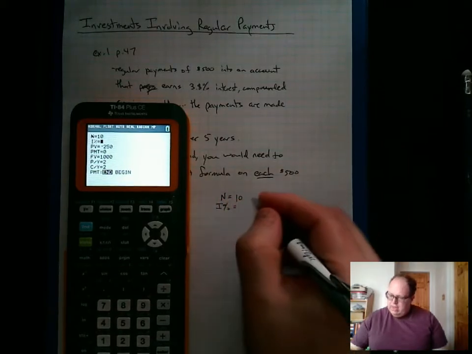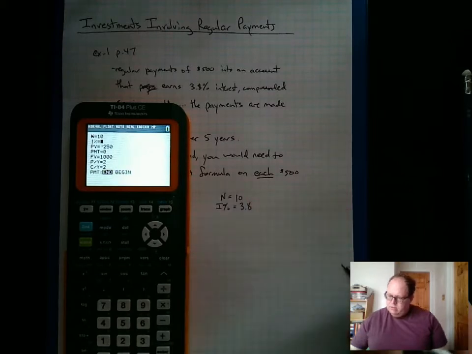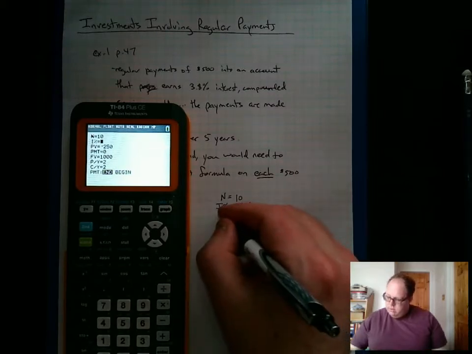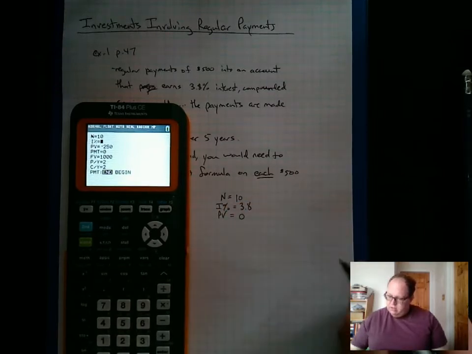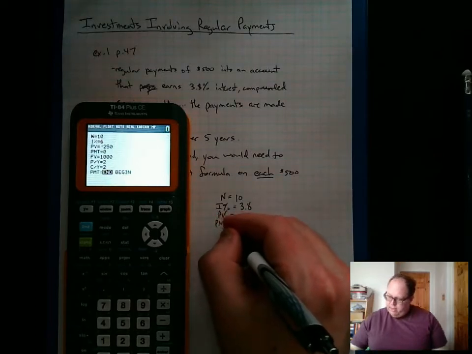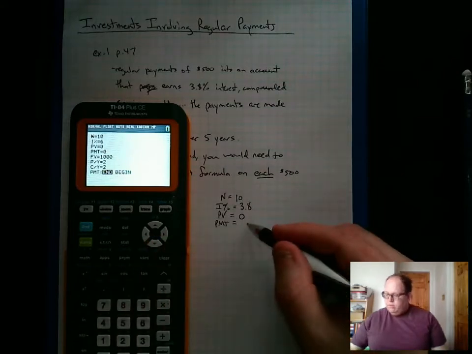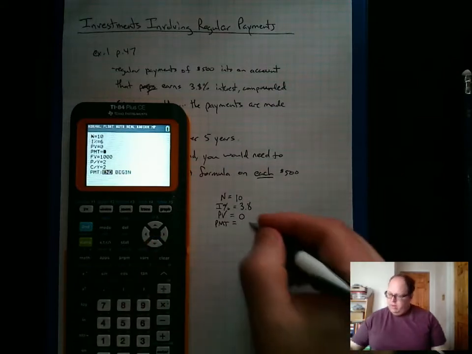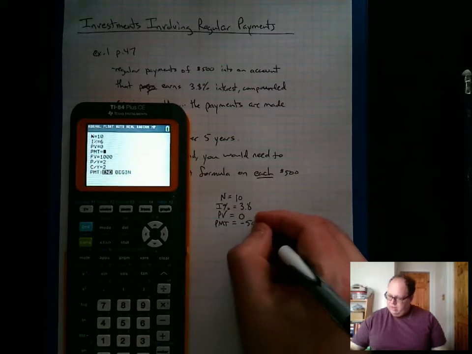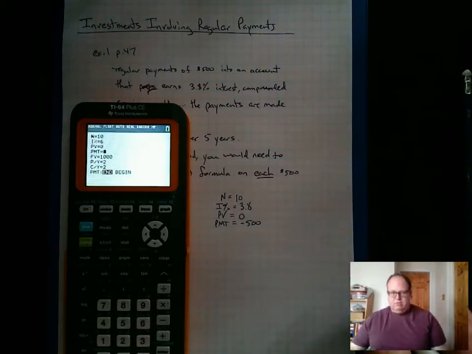The account's earning 3.8% interest. No money is put in to start, but regular payments of $500 are being made. So what that looks like is, you are effectively losing $500 every 6 months to go into this account.